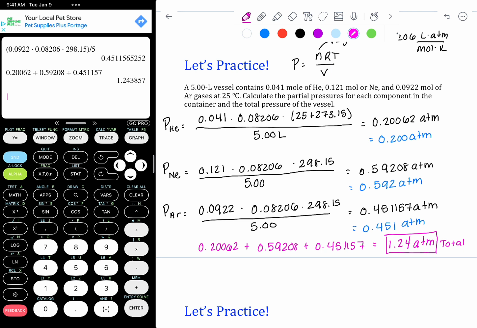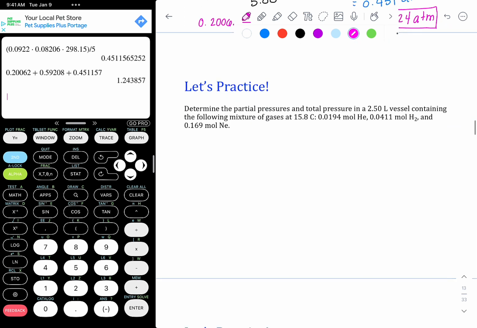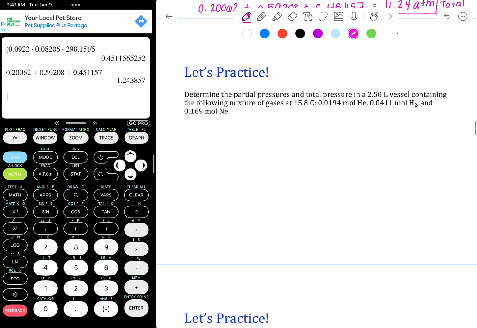Okay, let's do another one. Determine the partial pressures and total pressure in a 2.50 liter vessel containing the following mixture of gases at 15.8, that should be degrees Celsius. We have 0.0194 moles of helium, 0.0411 moles of hydrogen, and 0.169 moles of neon.